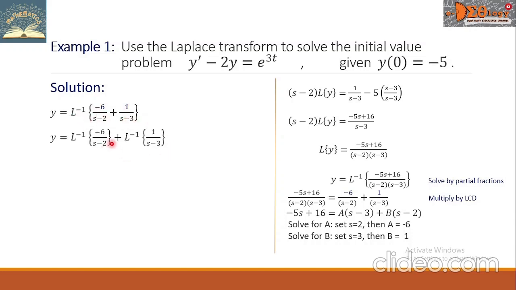Let us simplify further by placing this negative 6 as numerator in front of the Laplace inverse of 1 over s minus 2. And then we will apply our formula for the Laplace inverse transform. So the final answer is y equals negative 6 times e raised to 2t plus e raised to 3t.